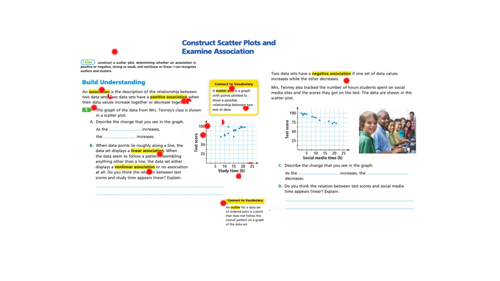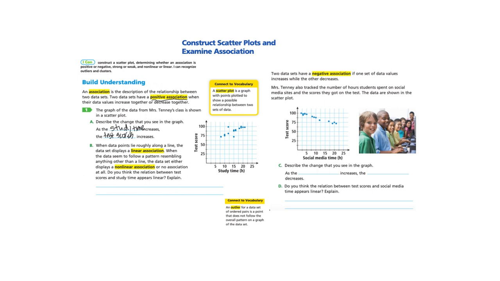So what you can notice is as the study time increases, the test scores also increase. So that would be a positive association because they're both increasing. As one increases, the other does as well.